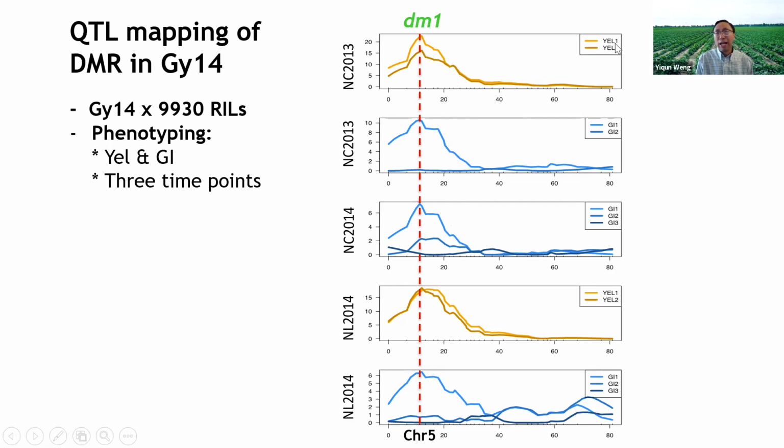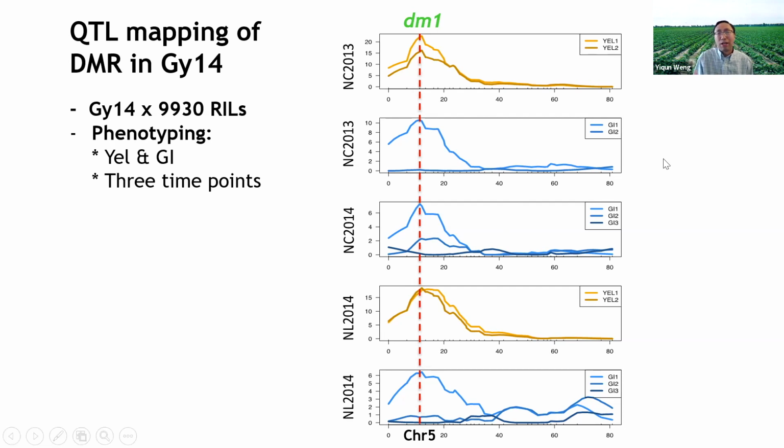Interestingly, when you use the chlorosis score in this population, at different time points this QTL was consistently detected, but if you use general impression, sometimes at the first time point you have a high LOD and can detect the QTL, but at a later stage it disappears.